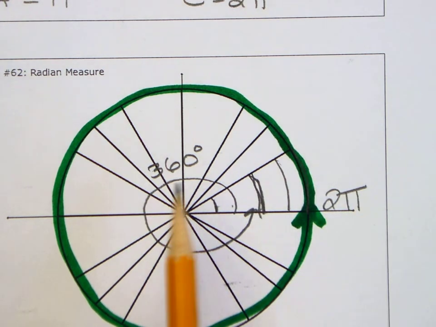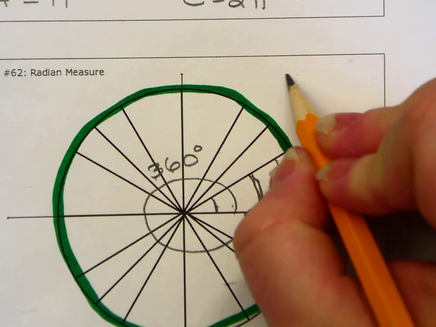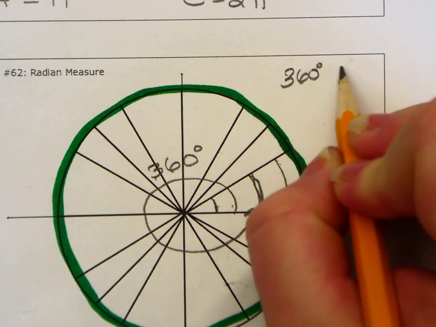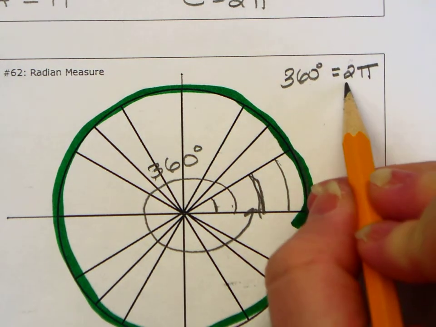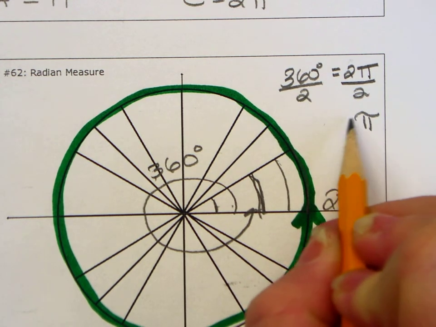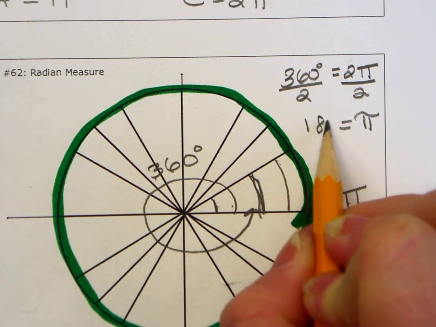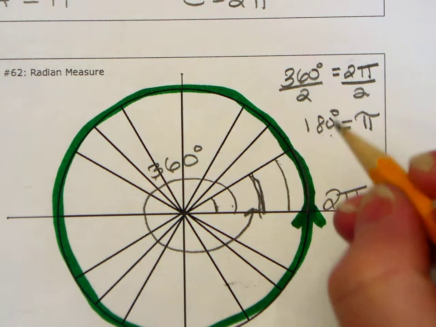No. So actually, 360 degrees is the same as 2 pi. 360 degrees equals 2 pi. Right? So if we divide both sides by 2, pi equals 180 degrees. This is a conversion for radians.